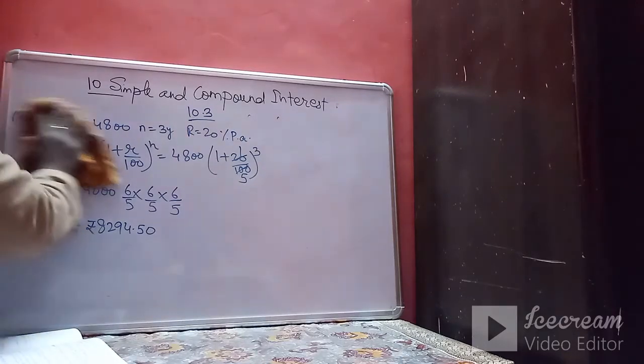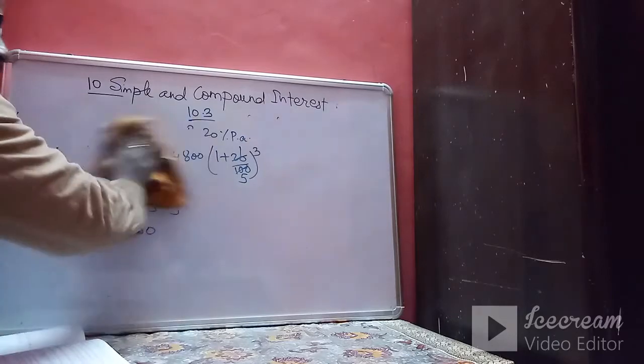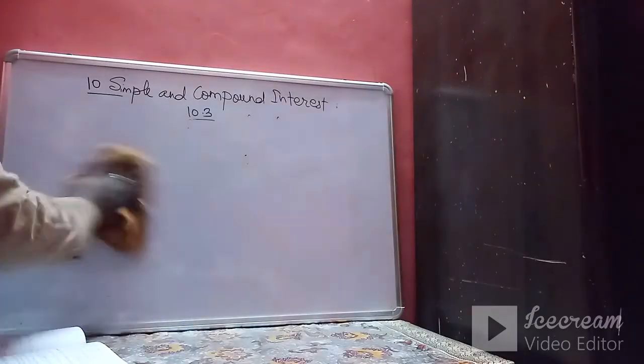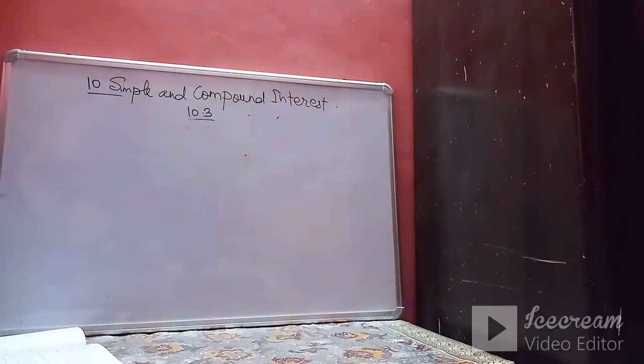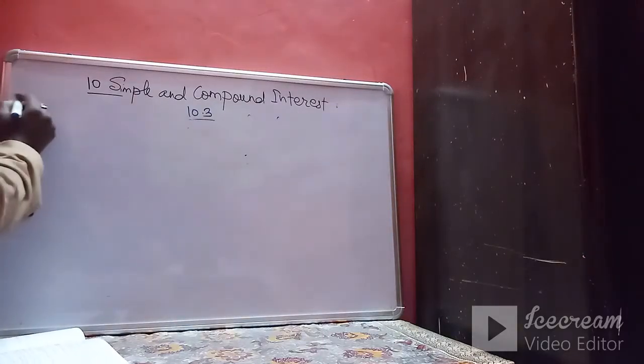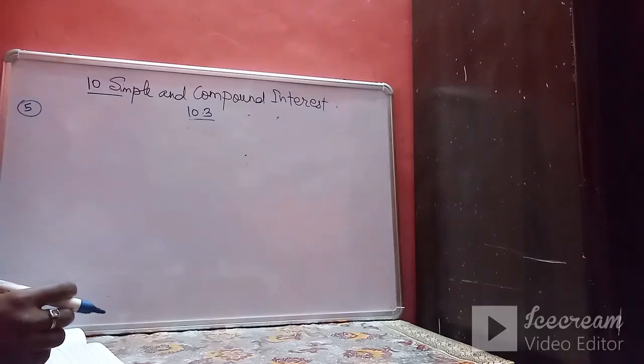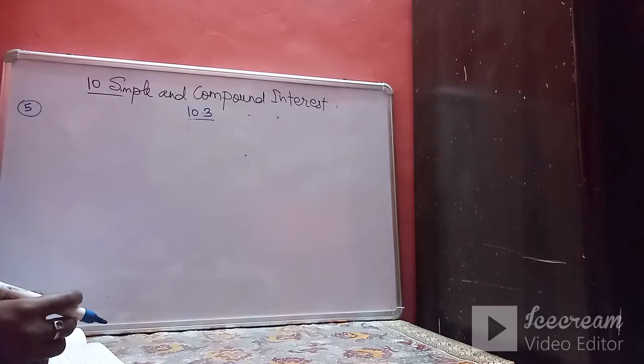So see one more question, question number 5. Find the amount for rupees 800 in 1 year at 4% per annum when the interest is compounded half yearly.